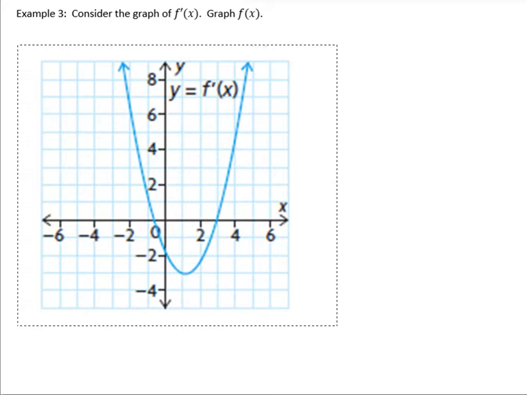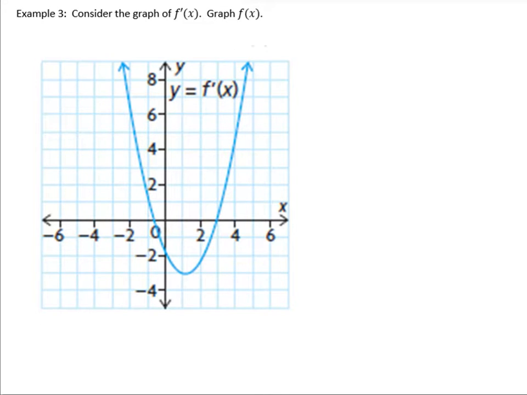I just blew up that picture right there. Consider the graph of f at x. We're given the graph of f prime at x, and we need to graph the original, f at x.